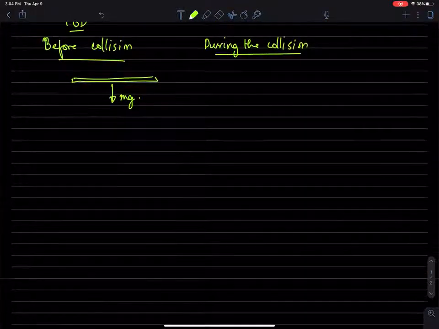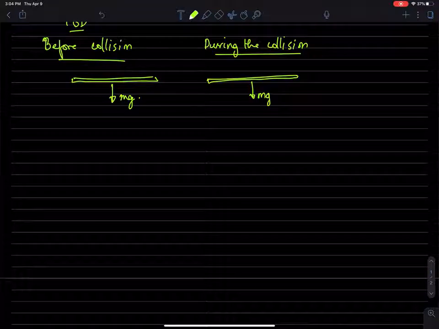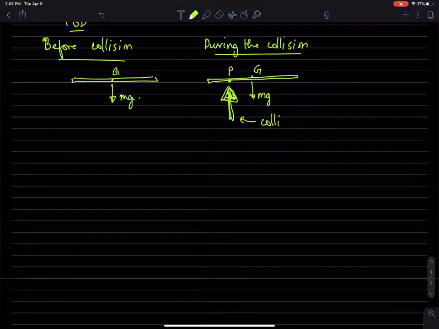During the collision, what do you have? We have the bar, we have mg, and then at point P, so that's mg acting at point G, and then at point P, there's this huge force. Okay, this is the collision force, or the force of interaction between the pivot P and the bar.